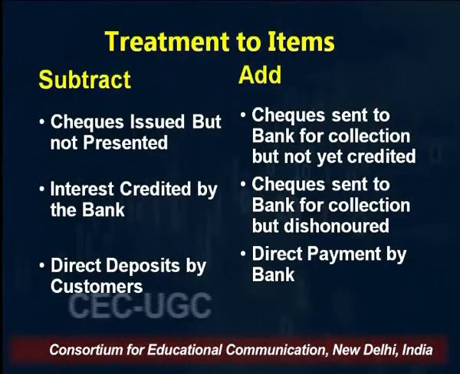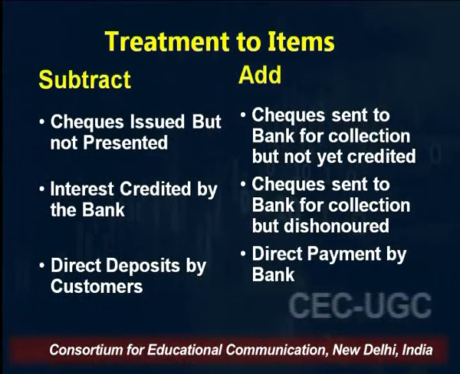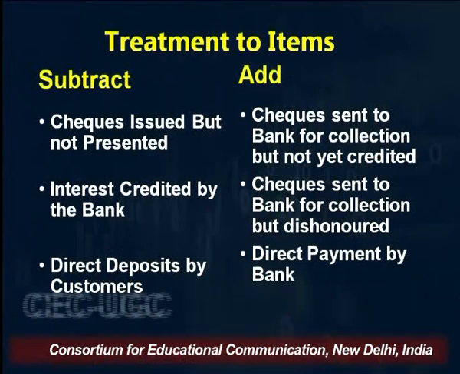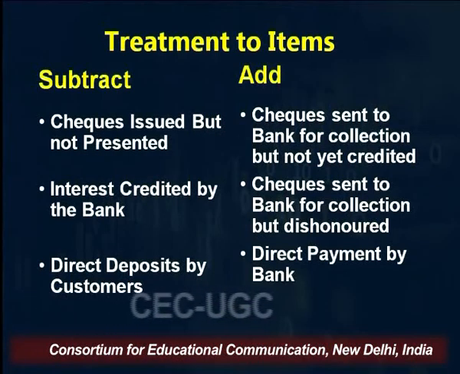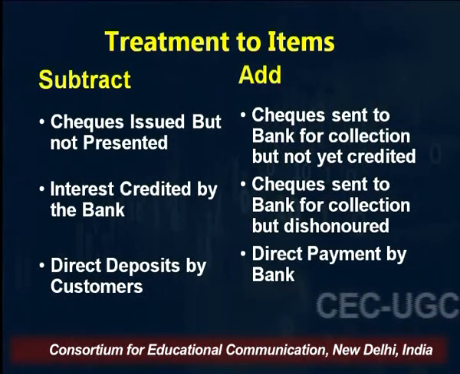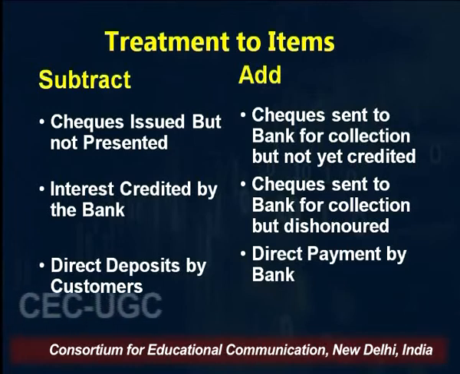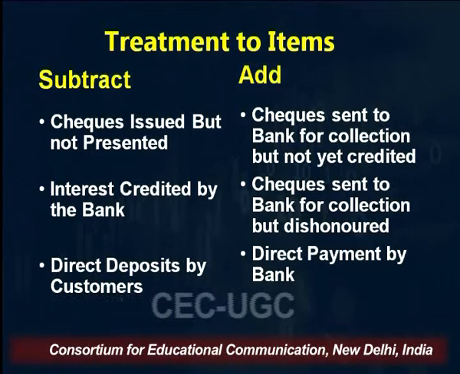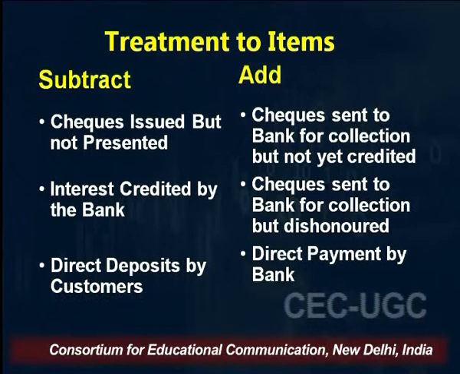The second item: checks were sent to the bank for collection but have been dishonored. So you sent something but the bank did not collect it, right? So it means your passbook is showing a lower amount, your cash book is showing a higher amount. So you need to add it to bring it to the passbook.